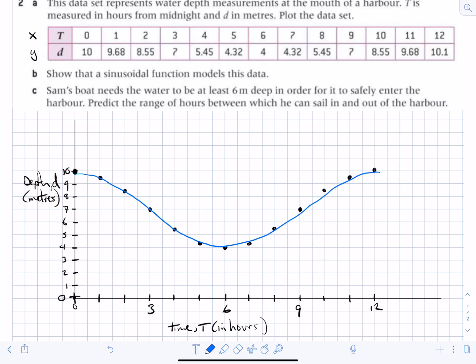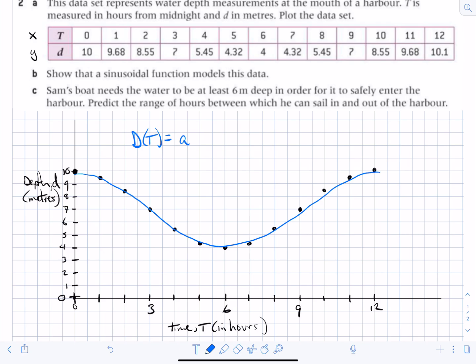So now we're going to approach it just like we did yesterday. What we're going to do is find the maximum and minimum. That'll give us everything we need for A and D. And then for B, that letter B, we need to know what the period is. So what am I referring to here? This will be the form of D, which is your y, with respect to time, equal to A. Now, is this sine or cosine?